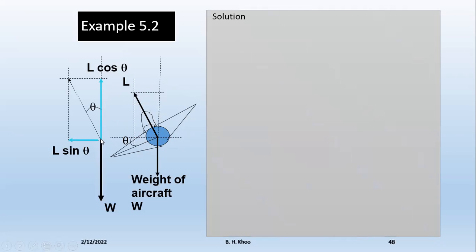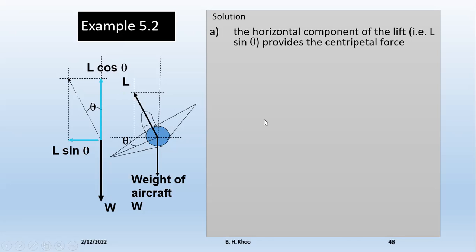And yeah, W is still there. And then L sin theta. Right? Instead of L, we replace with these two values. So that one balances the weight. That's why the height will be constant. This is the one that provides the centripetal force. Right? So the horizontal component of the lift, L sin theta, provides the centripetal force.